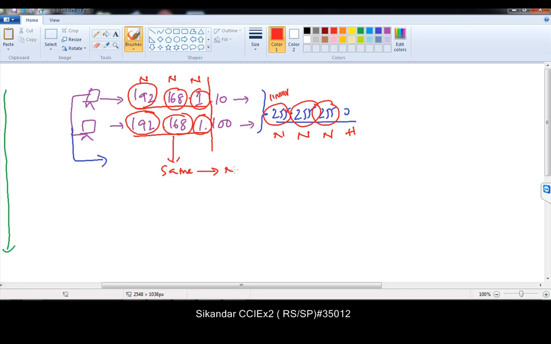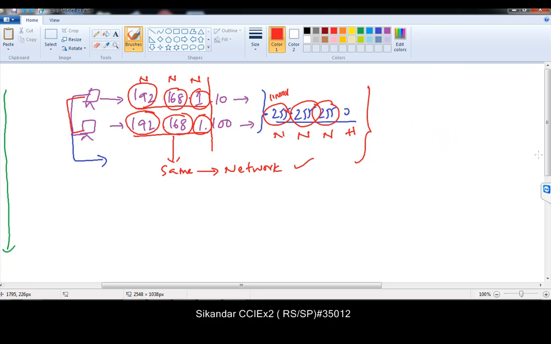So they are on the same network. If the connectivity is perfect, then we simply say they are in the same network. I'm just giving a simple example without subnetting, keeping all our subnetting calculations aside.